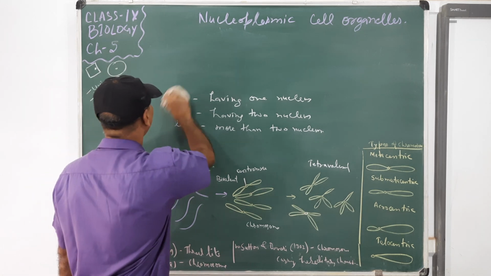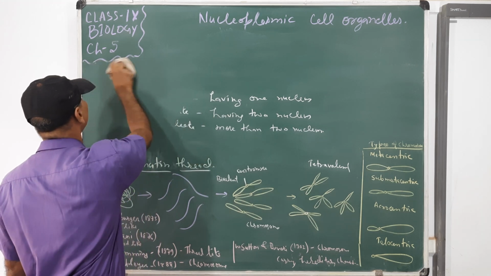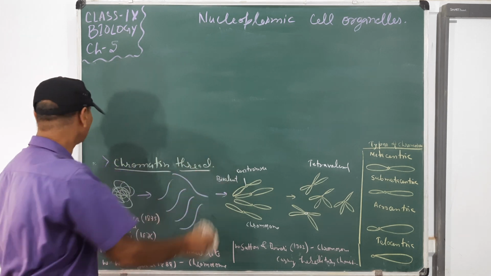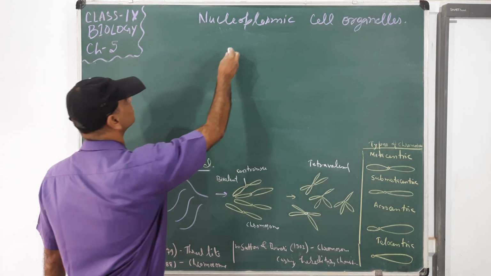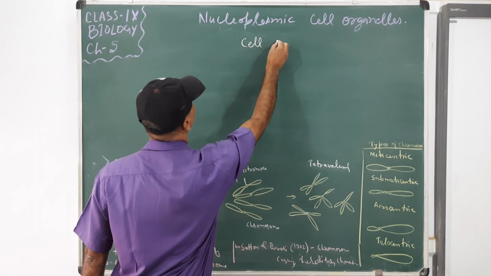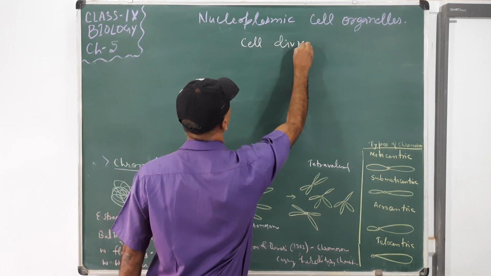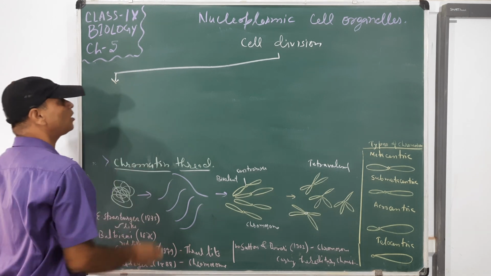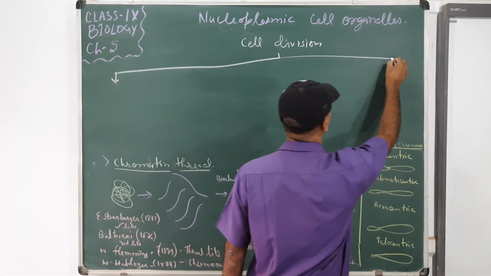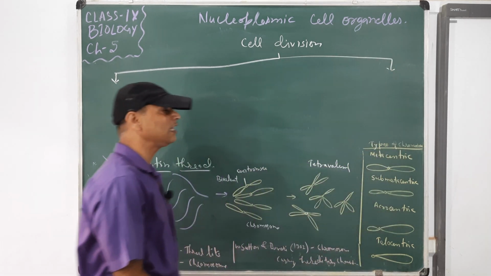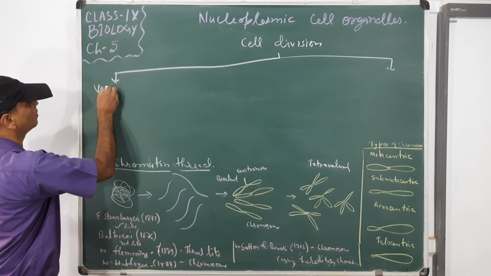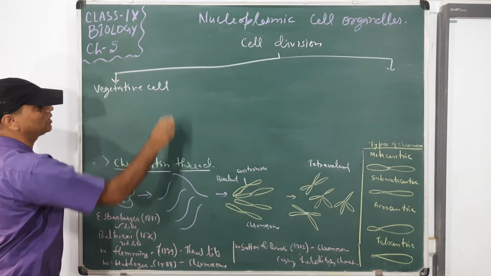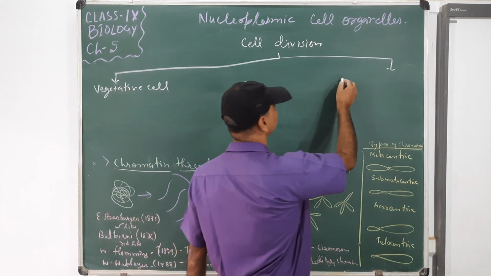Now see how division takes place in the nucleus, how the cell divides. You know, two types of cell are there. Cell is of two types, so division is also of two types. One is the vegetative cell, and the other is the generative or reproductive cell.